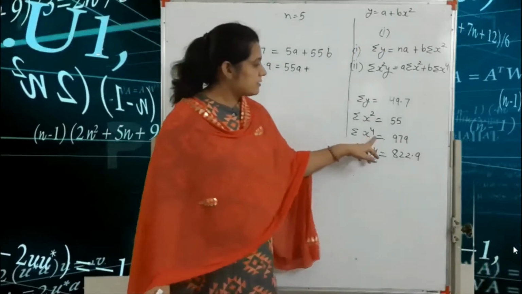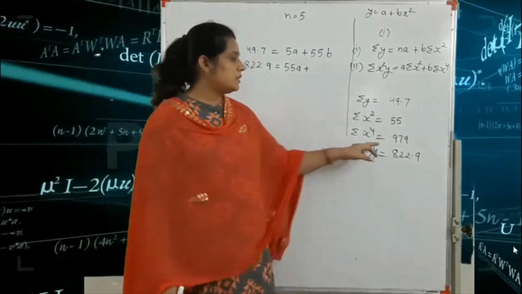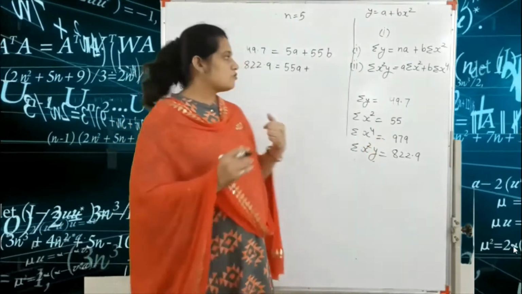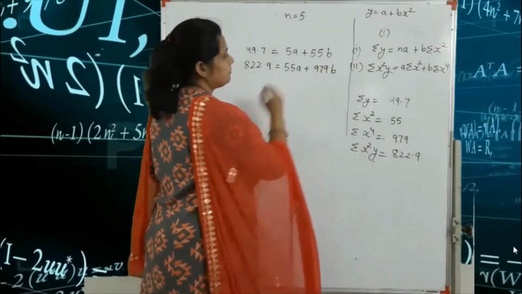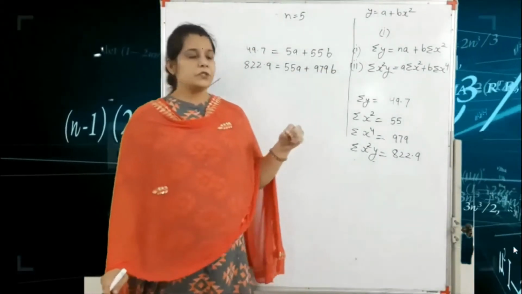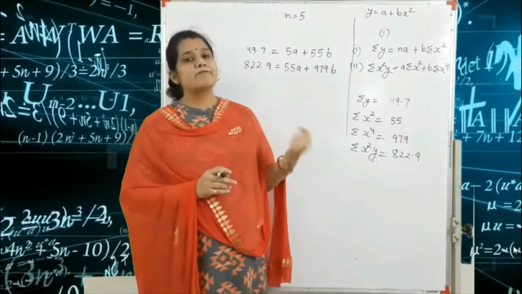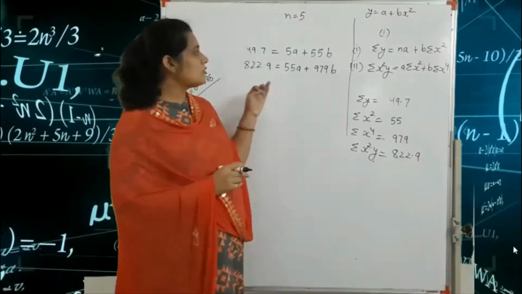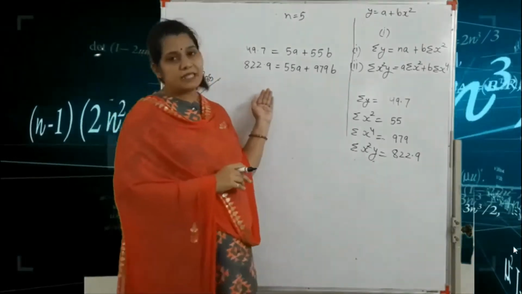So here the value of summation x raised to the power 4 is equal to 979. So we write here 979b. Okay, so we put all these values in our normal equation, and after that we find the constants a and b. So this is a very simple equation.